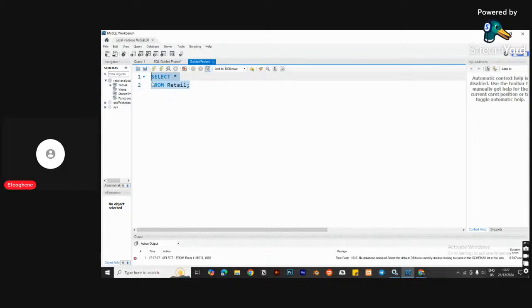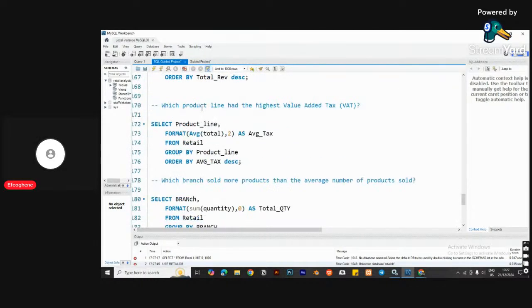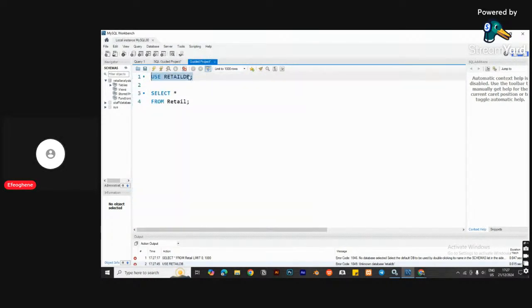Use the database. What's the name of this database? Oh, retail analysis.